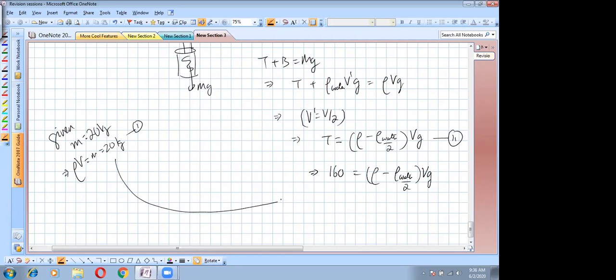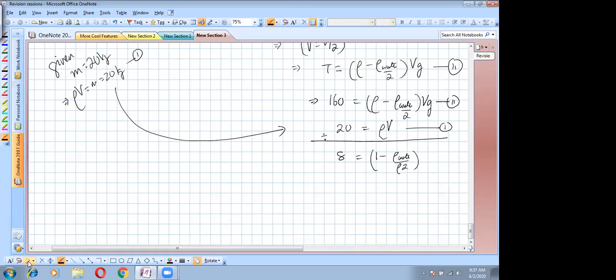Now if you compare this equation, that M, which is 20 kg, is equal to density of the material into V. So if you just divide equation 2 by equation 1 numerically, you can see that you will get 8 is equal to 1 minus density of water by density into 2. So density of water divided by twice of that thing's density.